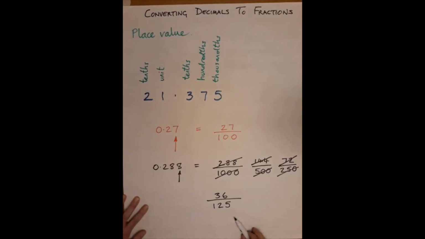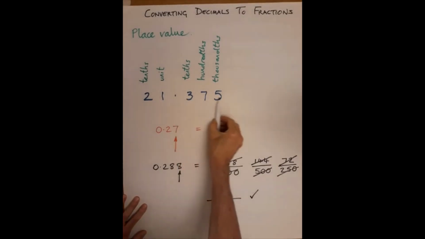We now need to know, is there a number that will divide into 125 and into 36? And the short answer is no. So that's as small as our fraction will go. That's it, done. Okay, before I move on to the next step, remember your place values.